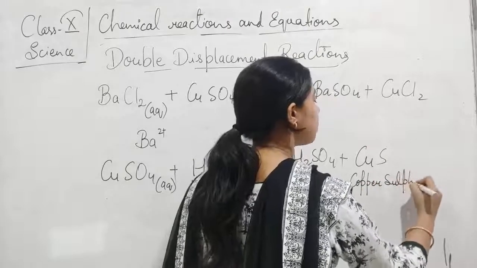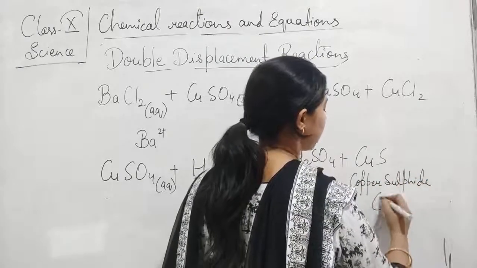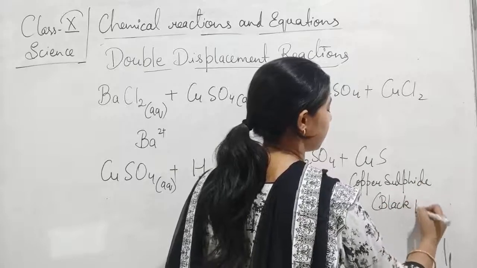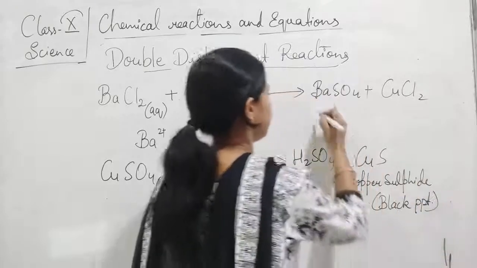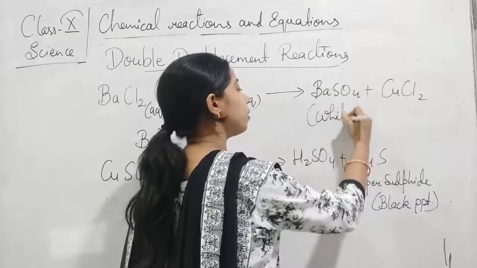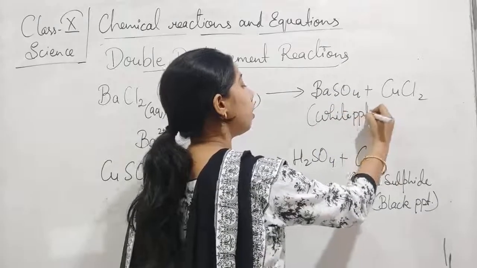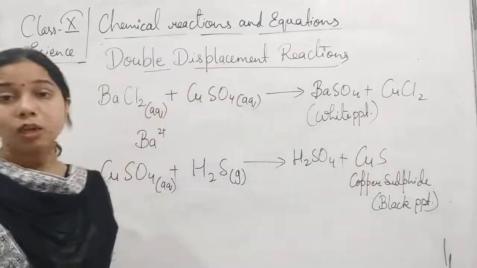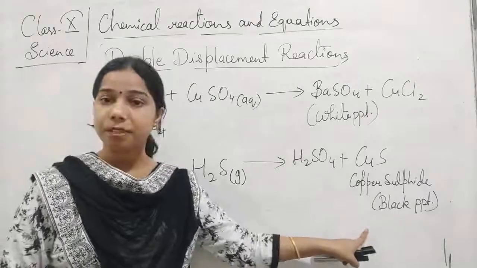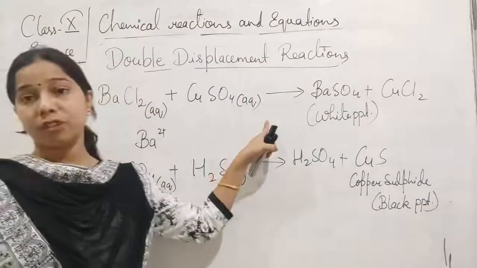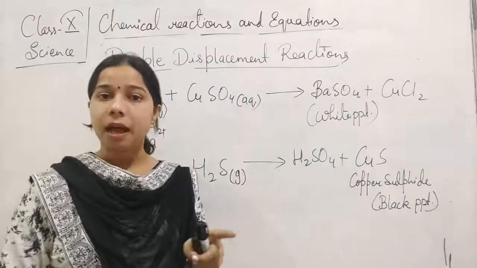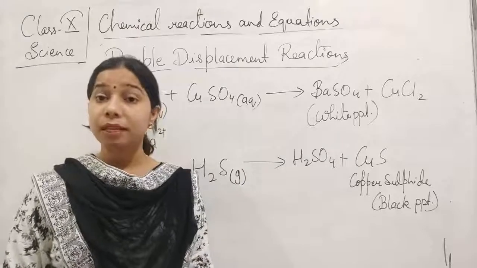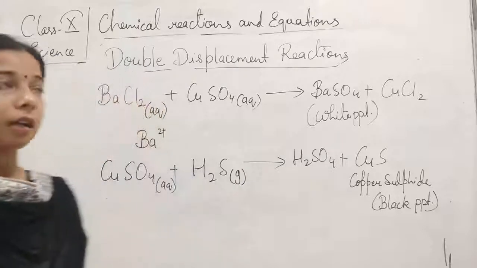And this copper sulfide is actually a black precipitate. In the earlier case, barium sulfate forms a white precipitate. So here the formation of a black precipitate happens, and there the formation of a white precipitate happens. In both the cases the formation of a precipitate happens.